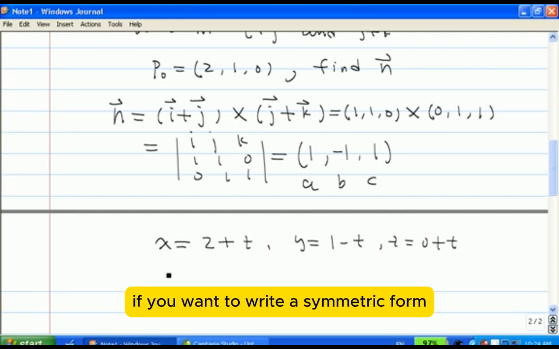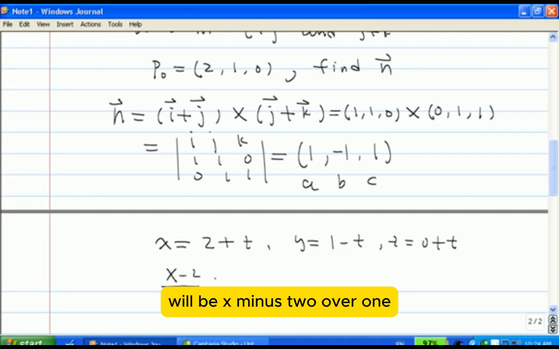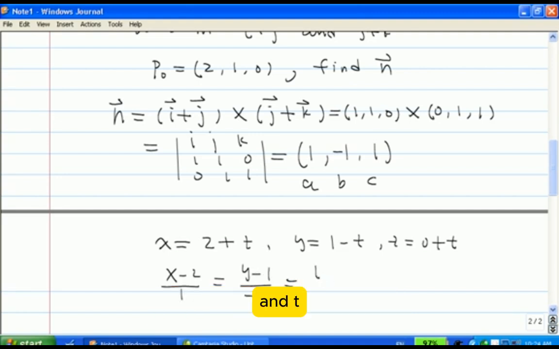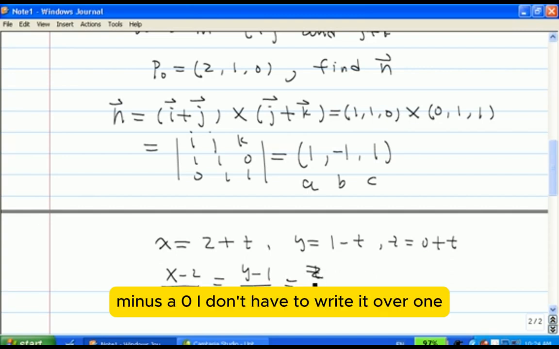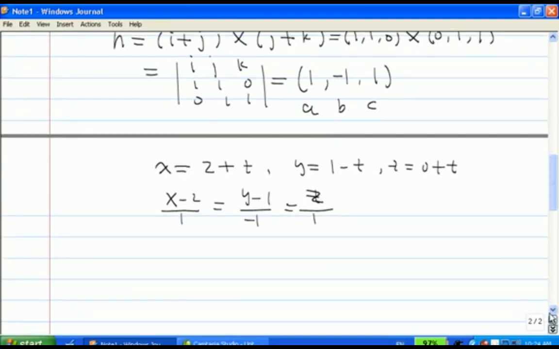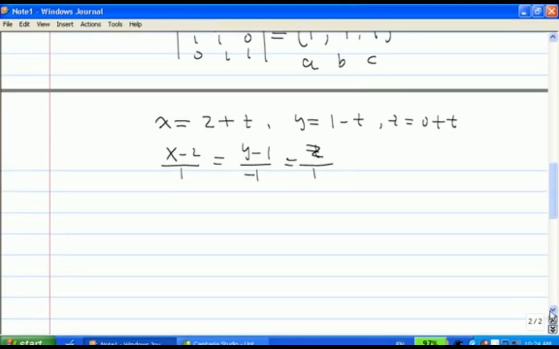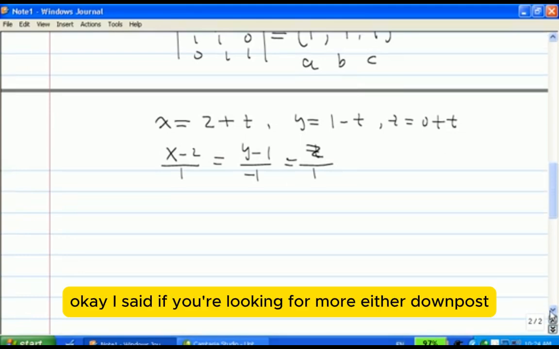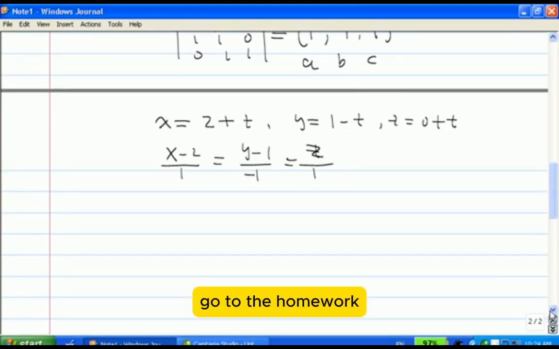If you want to write the symmetric form, it will be (x minus 2) over 1 equal to (y minus 1) over minus 1 equal to z minus 0, I don't have to write it, over 1. If you're looking for more examples, go to the homework video.